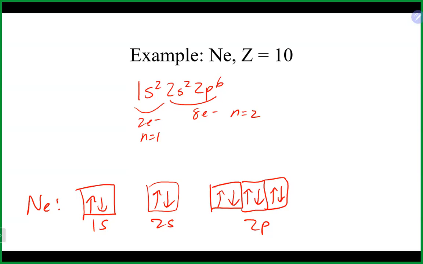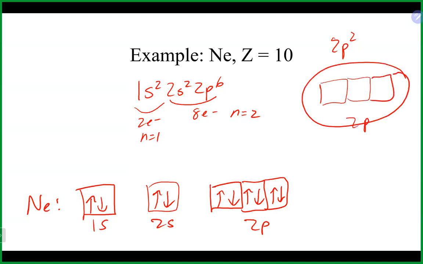If you had at the end the last of your configuration, like we had there at 2p2, it is always when you have multiple orbitals. Again, all these individual orbitals, which are represented by the boxes, are referred to as a subshell or sublevel.